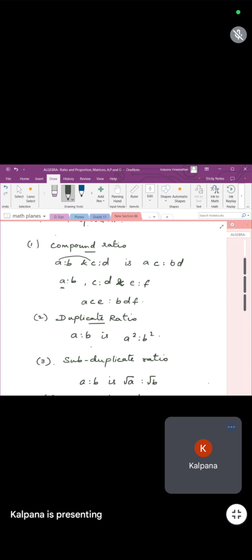Now the first terms in the ratio, A and C, have a special name. Does anybody know the name of the first terms? They are called antecedents. So this A and C, the first terms, are called antecedents.